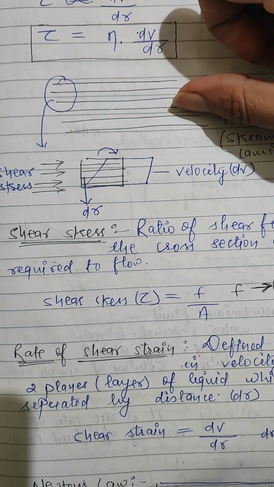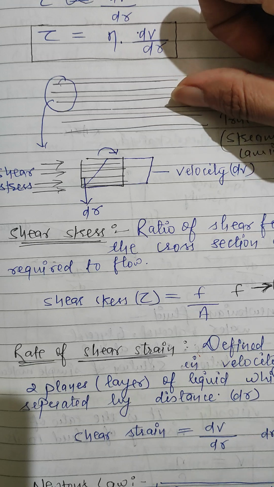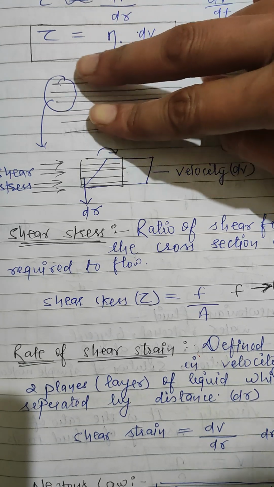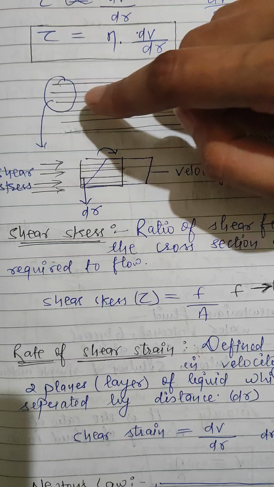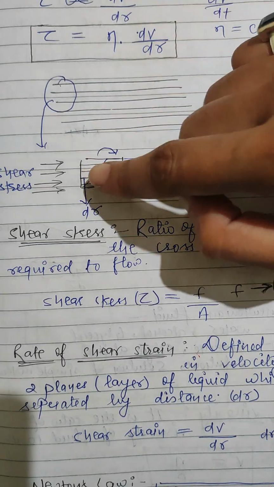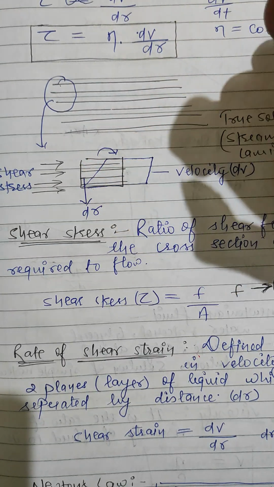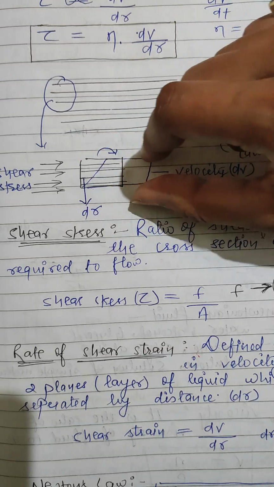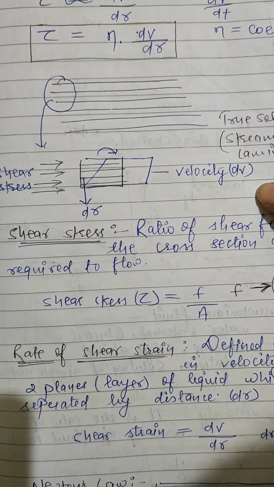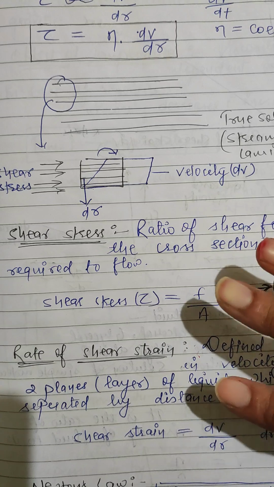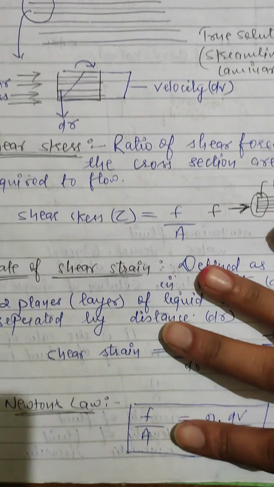It states the change in the velocity, that is dV, between two planes of liquid which are separated by distance dr. So it will be dV upon dr. I hope this is understood.